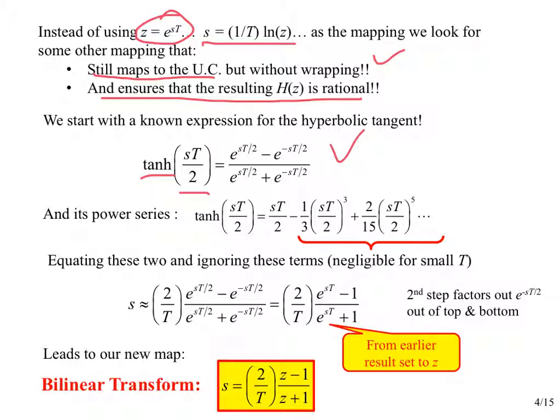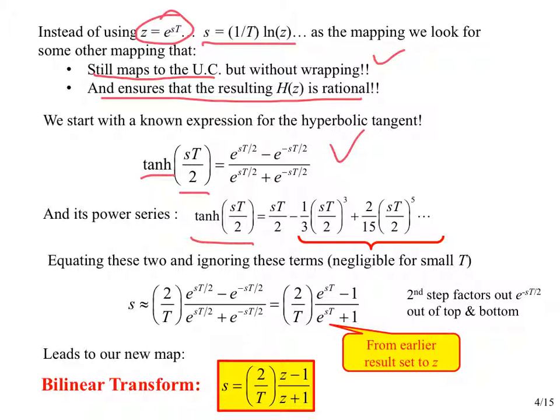But this is valid. The next thing we're going to do is take the same function, hyperbolic tangent of sT over 2, and expand it in a power series. If you look that up in a calc book, you'll see hyperbolic tan of x is x minus 1/3 x cubed plus 2/15 x to the 5th, and so on. So we're just doing this with x replaced by sT over 2, and again not worrying explicitly about s being complex.